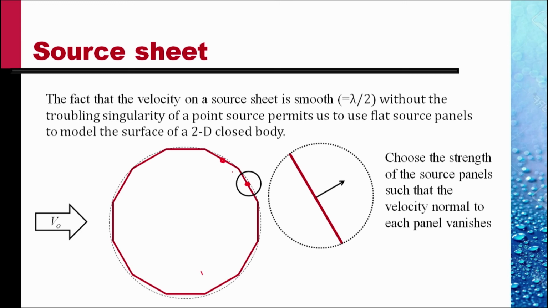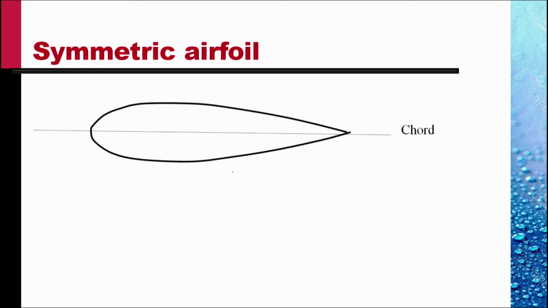Choose the strength of the source panels such that the velocity normal to each panel vanishes. So we start with the profile of the airfoil. The flow approaches it with the velocity V naught and an angle of attack alpha.